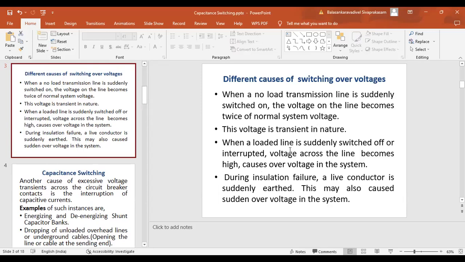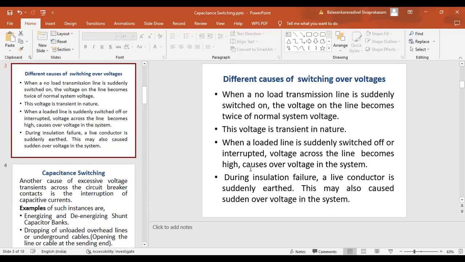Similarly, when a loaded transmission line is switched off or interrupted, the voltage across the line becomes high, causing overvoltage in the power system. Similarly, during insulation failure, a live conductor is suddenly earthed. This also may cause a sudden overvoltage in the power system. So these are all the various causes of switching overvoltages in the power system.